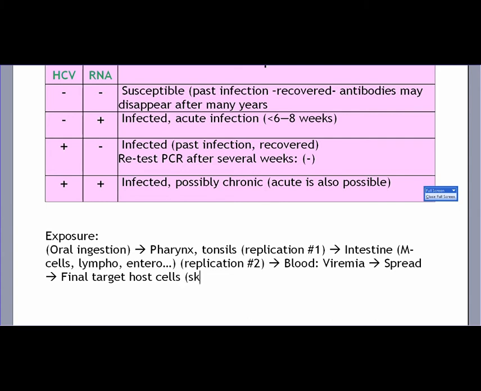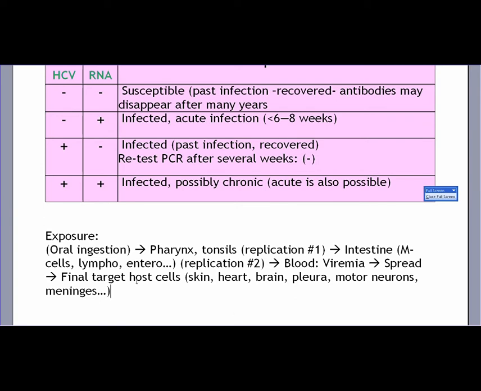Some viruses infect the skin. Some enteroviruses infect the heart. Some enteroviruses, the brain, or the pleura, or the motor neurons, or meninges, some of them cause meningitis, or many other sites. We have many different enteroviruses that can infect many different sites of the body.